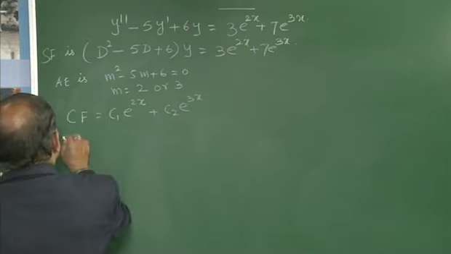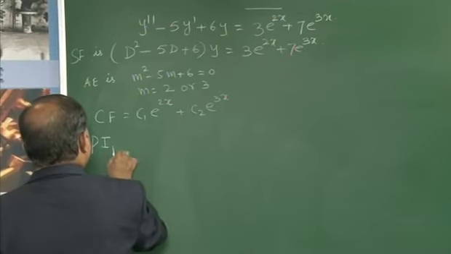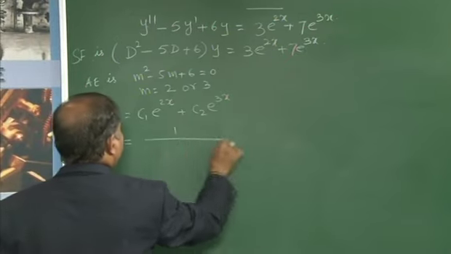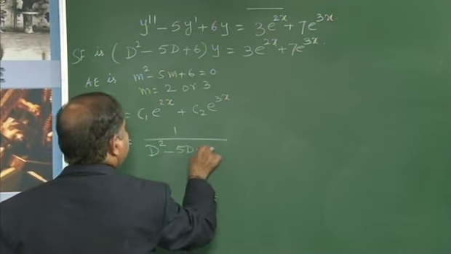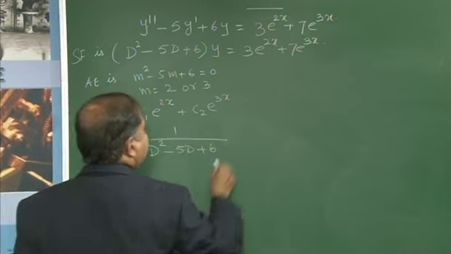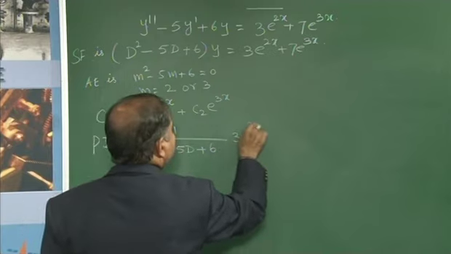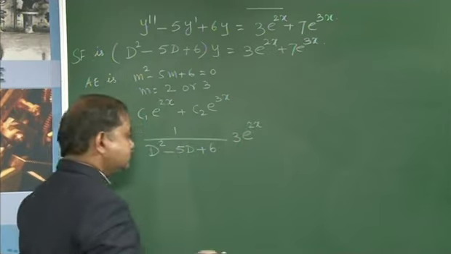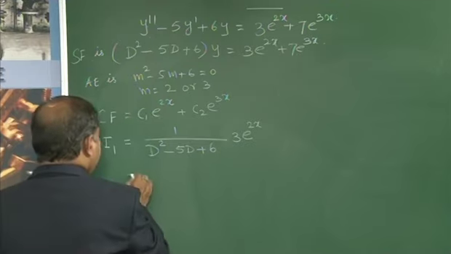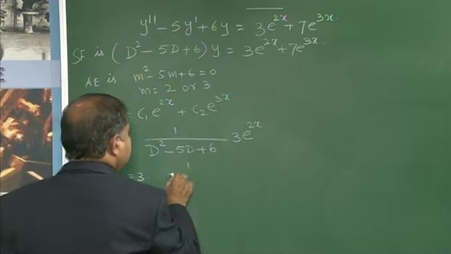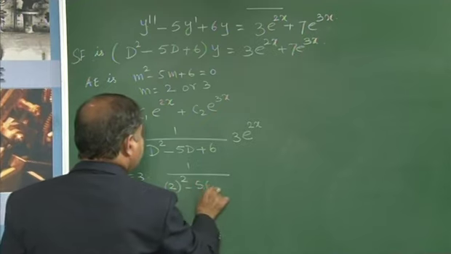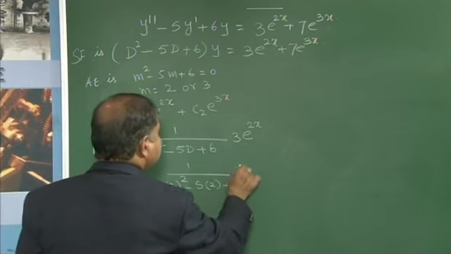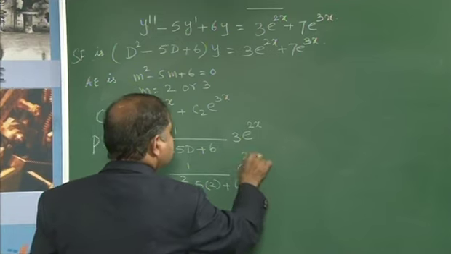Now PI1, the first function I am taking: 1 by d square minus 5d plus 6, 3 e power 2x. 3 aside, replace d by a: 2 square minus 5 into 2 plus 6, e power 2x.